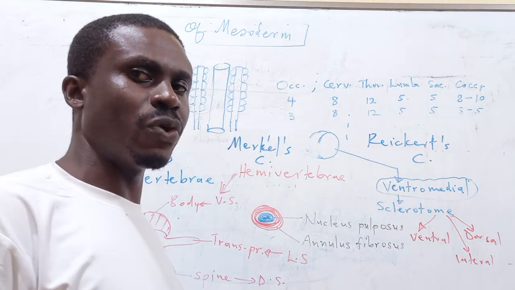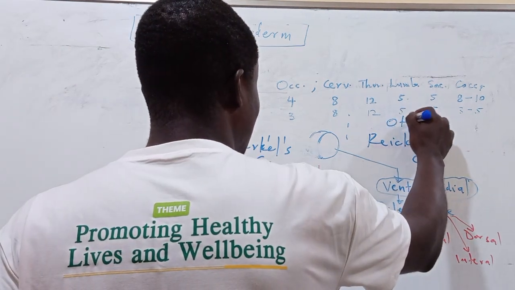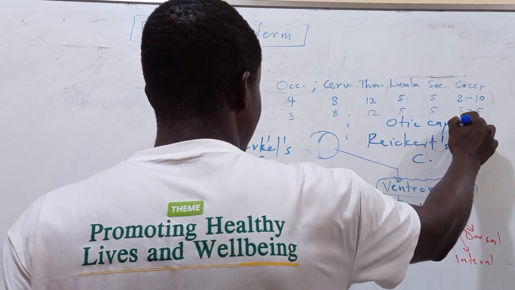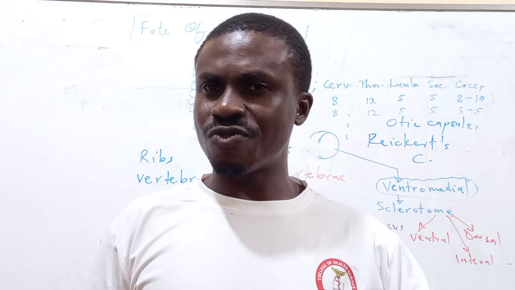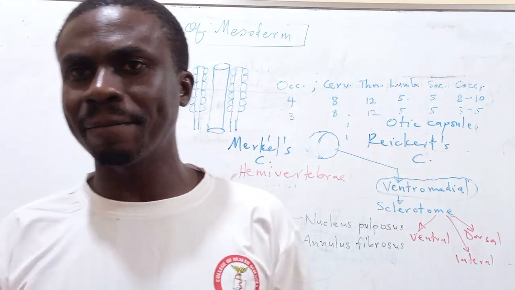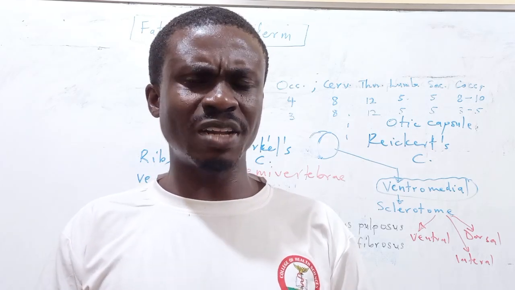So the footplate of the stapes will be coming from the otic capsule, which eventually gives rise to structures of the internal ear. They are ectodermal in origin. That's one thing I want you to know.